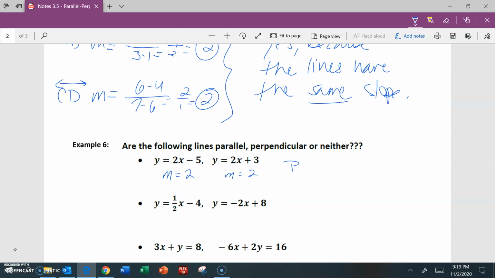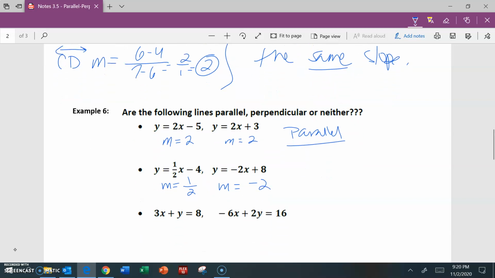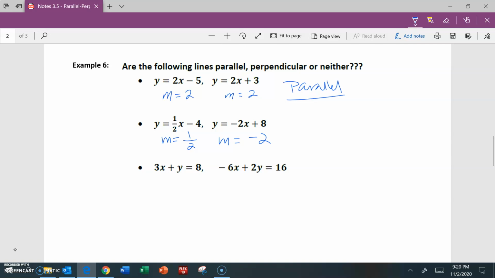So these lines are parallel. Easy enough, okay? The next one, we have a slope of positive 1/2. Here we have a slope of negative 2. We know they're not parallel because those slopes are not the same, but the slopes are opposite reciprocals, so those lines are perpendicular.